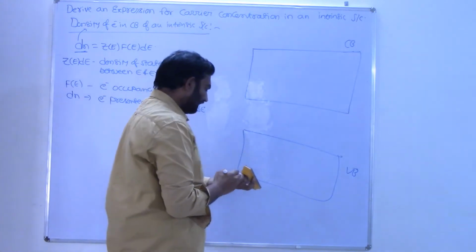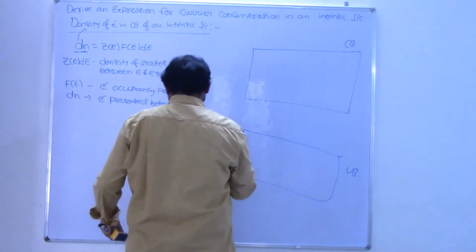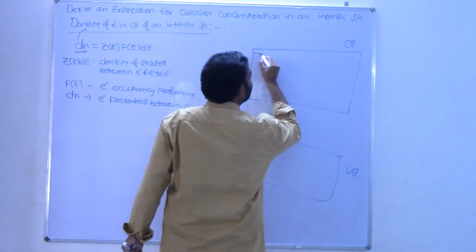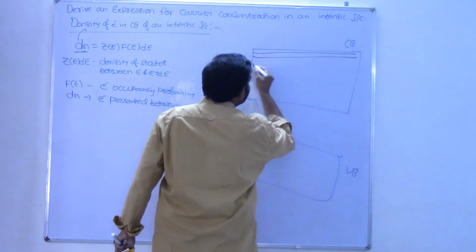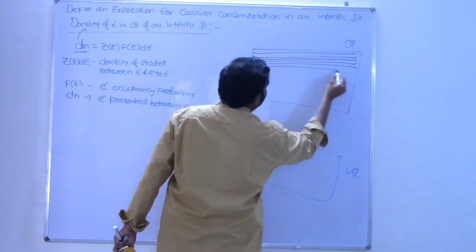Once again, conduction band is a combination of so many energy levels. Conduction band is not a box, it consists of so many allowed energy levels.